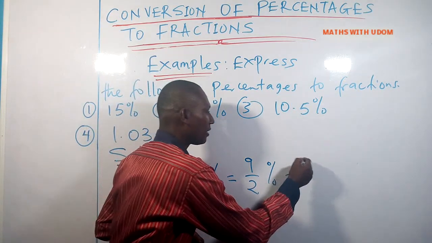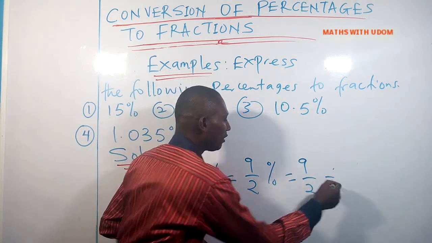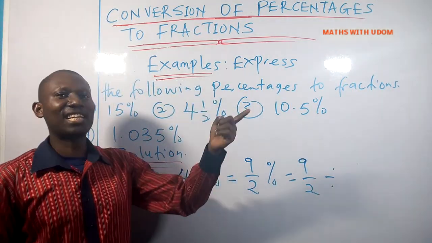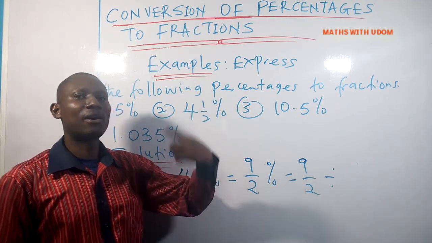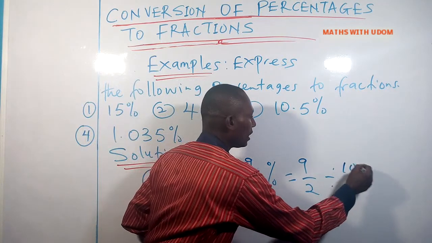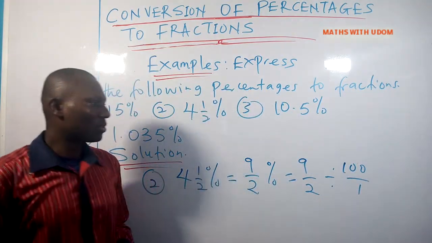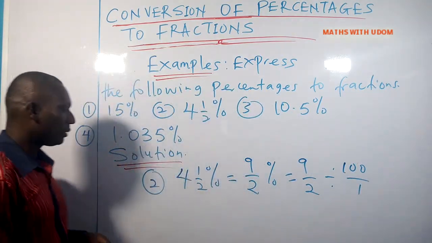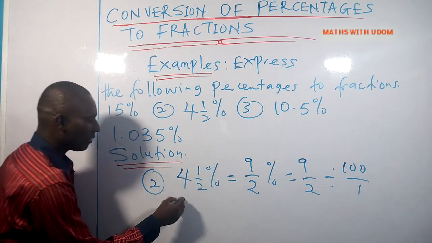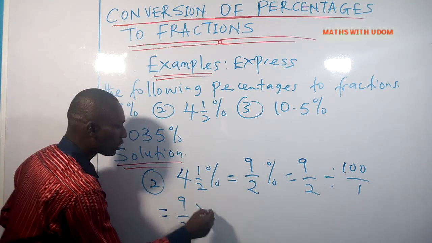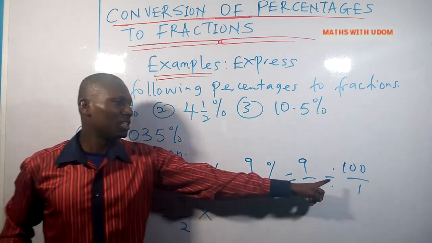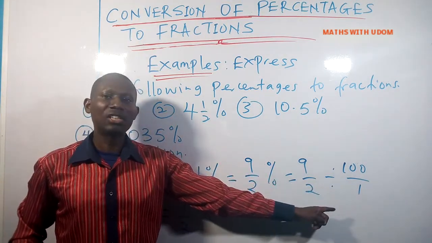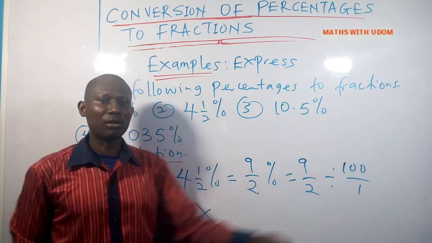So we have 9 over 2 divided by percent. Per means divided, cent is 100. Percent is divided by 100, so 100 over 1. Once you change the division sign to a multiplication sign, you write 100 over 1 in its reciprocal, which is 1 over 100.